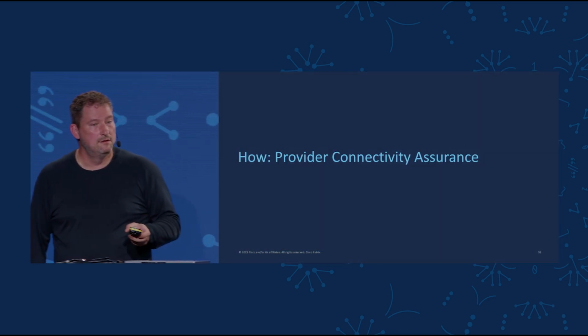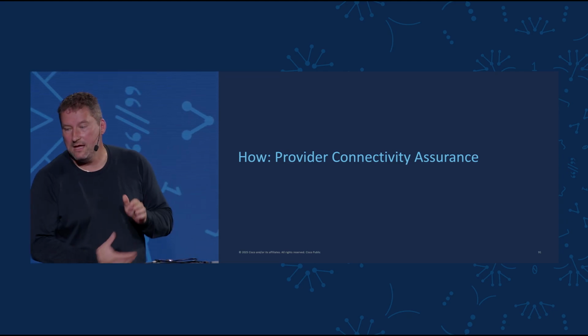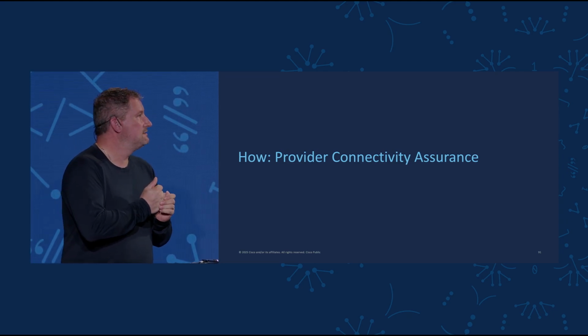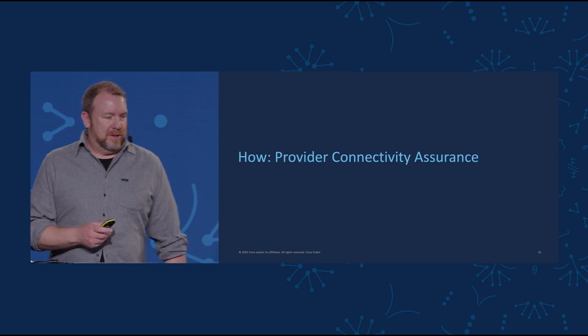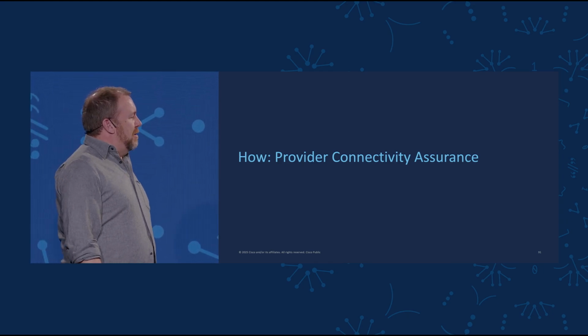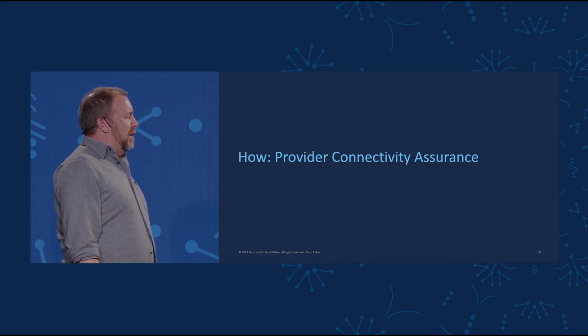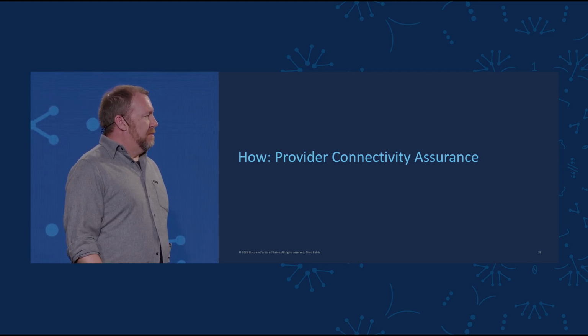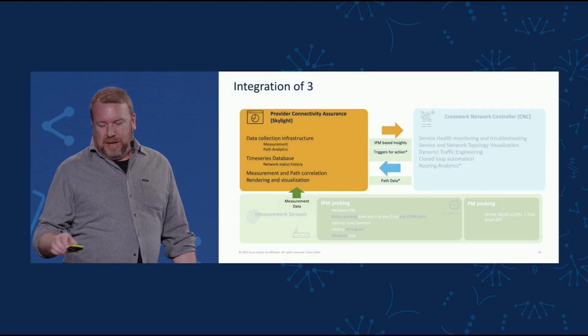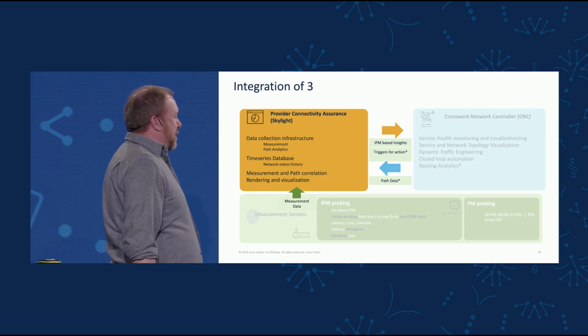I'll invite Tom to talk about how PCA participates in the solution. Thank you, Ianik. Okay, so let's talk a little bit about what this means for provider connectivity assurance. All right, so Ianik's responsible for the green part on the bottom.